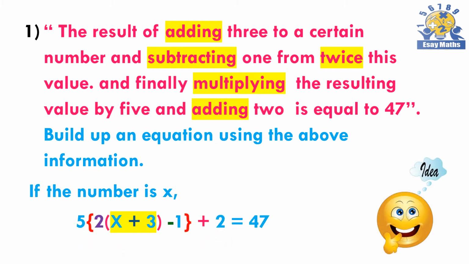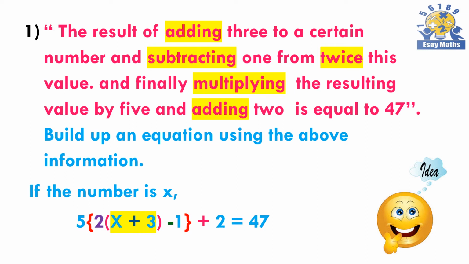The result of adding 3 to a certain number, it means x adding means plus 3, x plus 3. Then subtracting 1 from twice this value. This value means x plus 3. Then twice this value means 2 into x plus 3. Into means here you have to use the parenthesis.